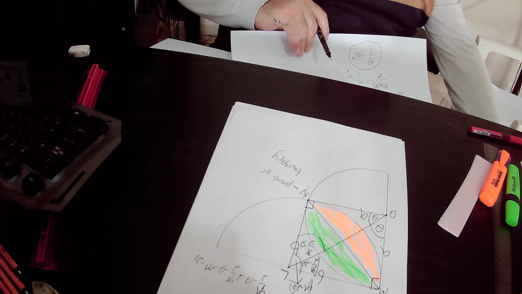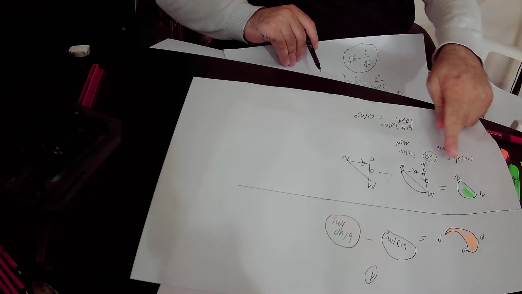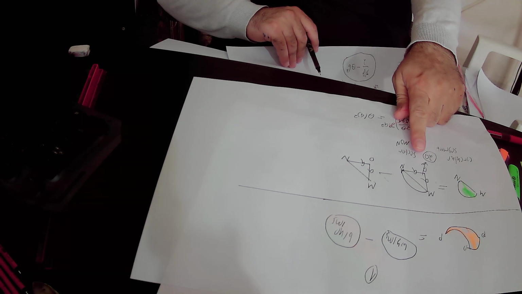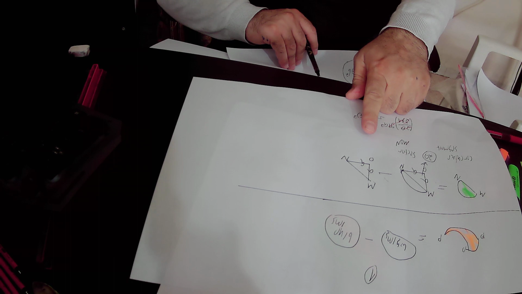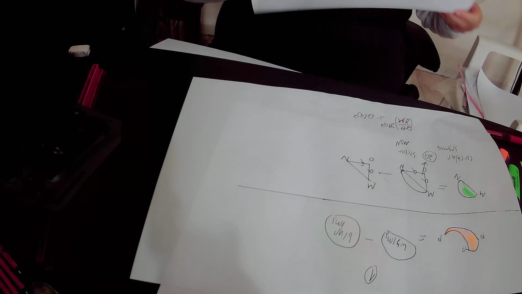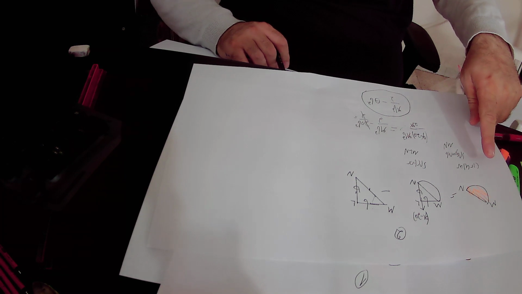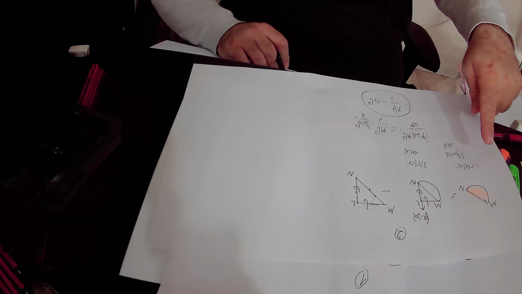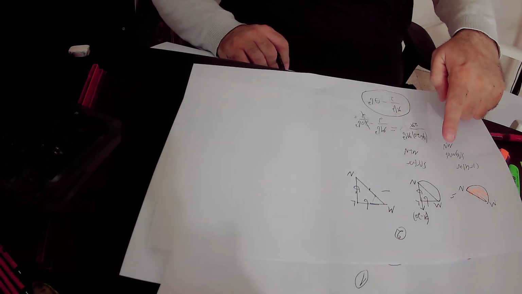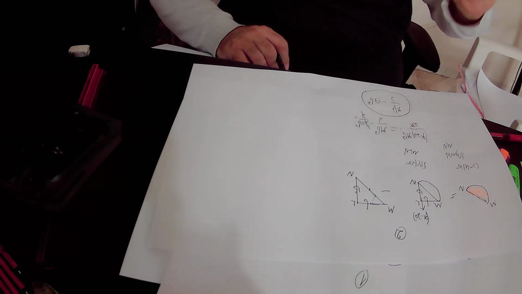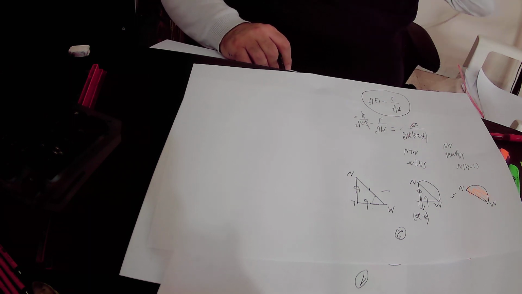The area of the green circular segment equals the area of sector MON minus the area of triangle MON, plus the area of sector MN, the lower circular segment, that is equal to the area of sector MLN minus the area of triangle MLN.